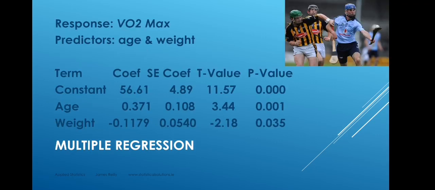The same is true of the p-values. The p-value for age in this model is 0.001, meaning that age is a useful predictor of VO2 max, even if weight is known. And actually the same is true of weight in this case. The p-value of weight is also less than 5%, telling us that weight is a useful predictor of VO2 max, even if age is known.